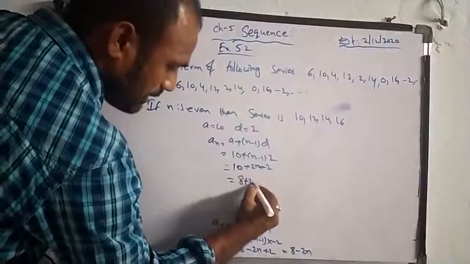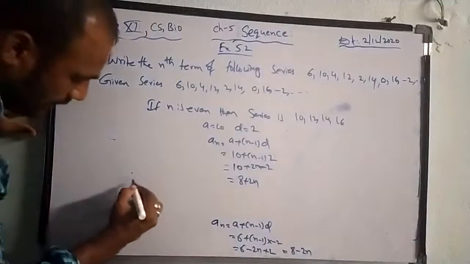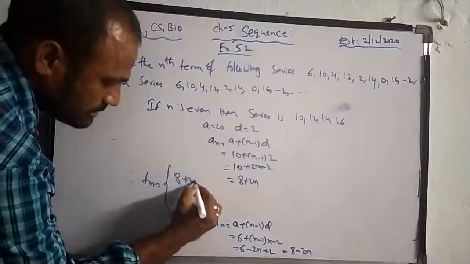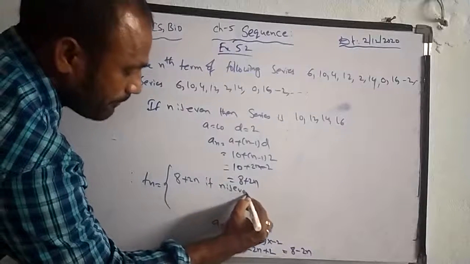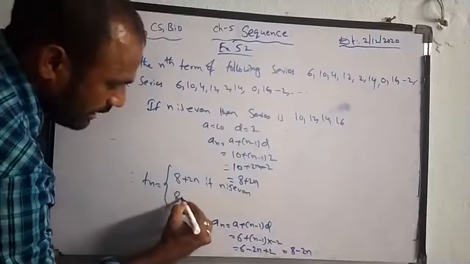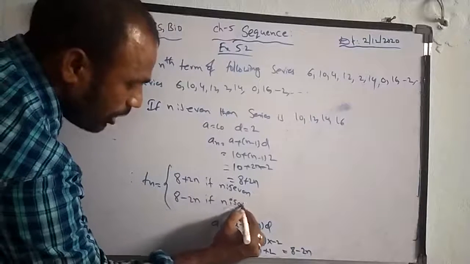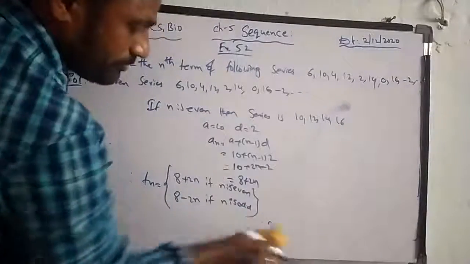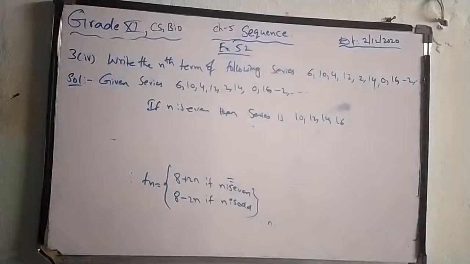So 8 plus 2n. So we can write nth term Tn as 8 plus 2n if n is even, and 8 minus 2n if n is odd. So this is the final answer.